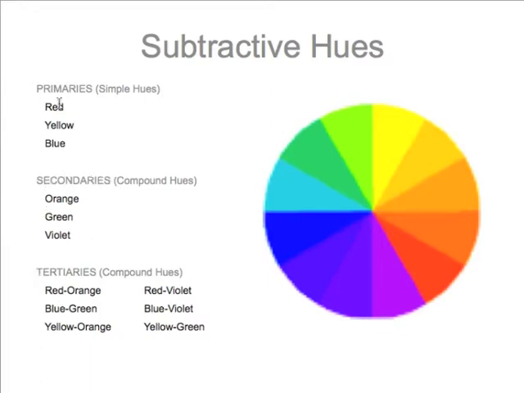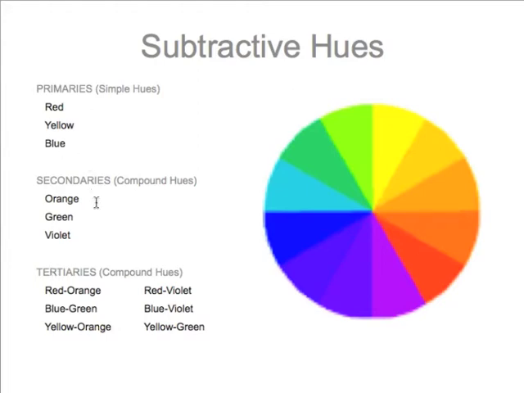And then tertiaries, being a combination of primaries and secondaries, are also compound hues. These are kind of third. So pulling away from the foundational hues, you have to have the secondaries really before you get the tertiaries.